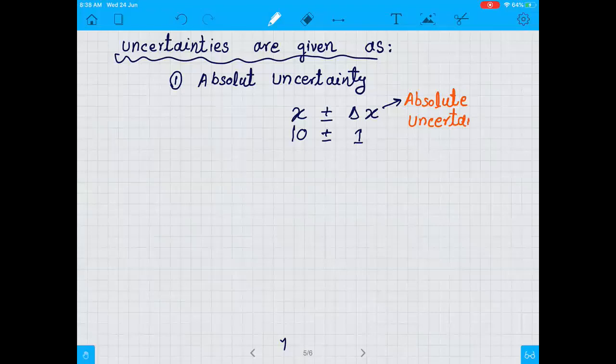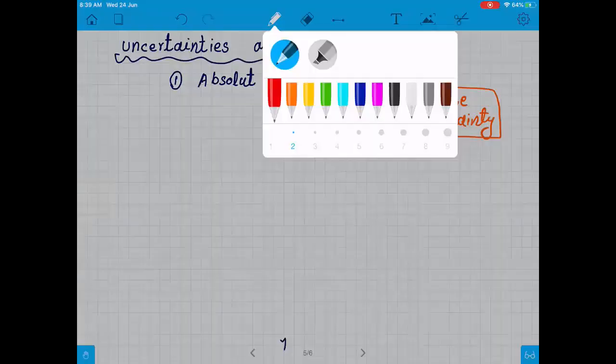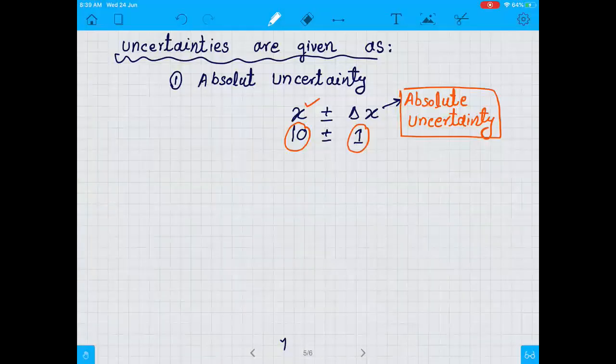In this case, the value of x is 10. So we can say that when x is 10, the uncertainty is 1. Then this is the principle for random uncertainties that if you increase the value or decrease the value, the uncertainty is affected in the same manner.